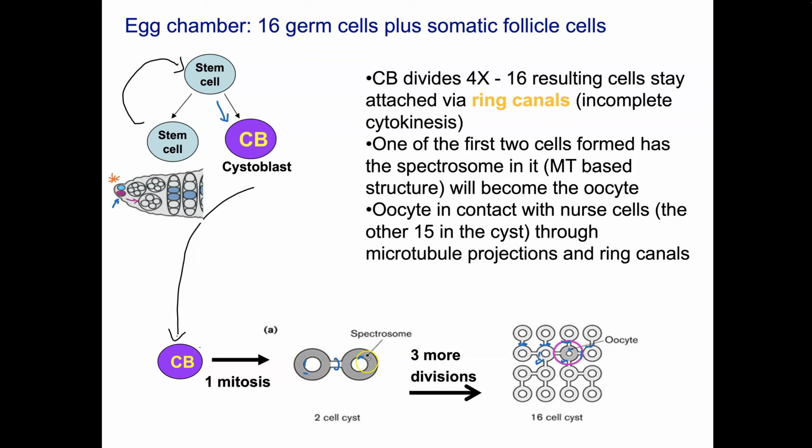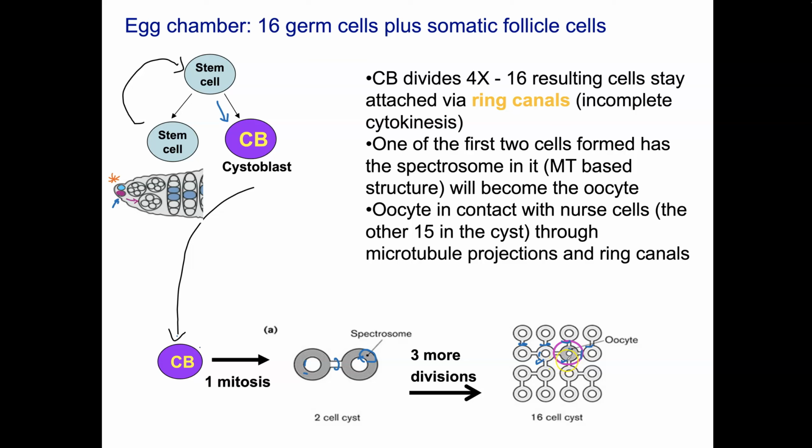And there's a structure inside one of these 2 cells. It's called a spectrosome. It's microtubule based, and if you remember some of your cell biology, it takes part in the formation of a microtubule organizing center. Whichever of these 2 cells has the microtubule organizing center in it is going to form the oocyte.